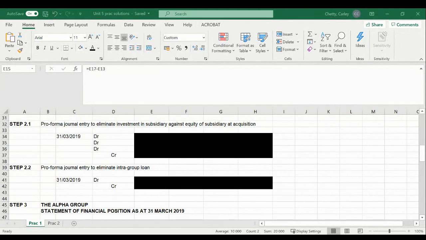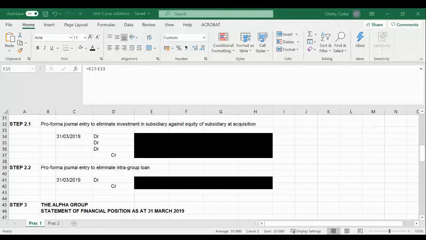You will see in Alpha's trial balance, they have a loan to Beta shown as an asset. If you have a look at the column there, it says loan Beta 100,000 Rand. And Beta's trial balance is showing a loan owing to Alpha of 100,000 Rand.